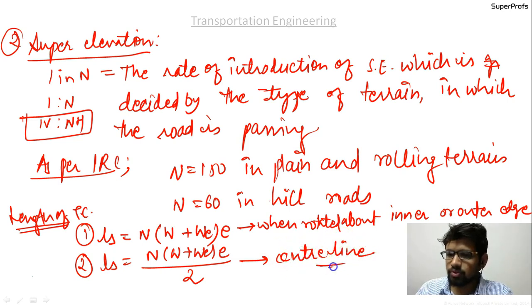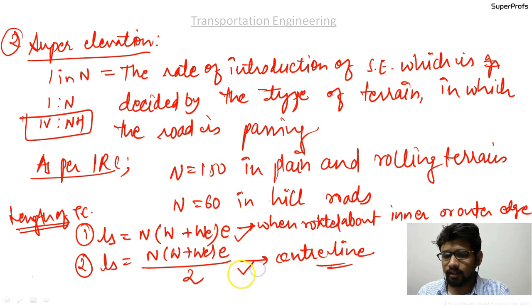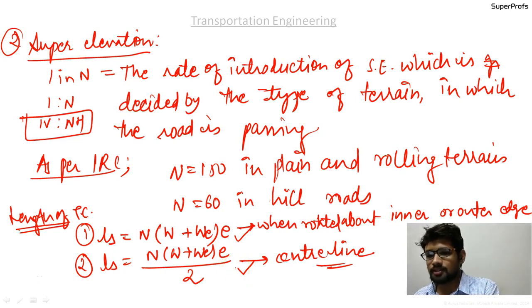Okay, so this is very important guys, that whenever rotated about the inner or outer edge, the formula is this, and it is a matter of common sense that the length of the transition curve is reduced to half when it is rotated about the center line.